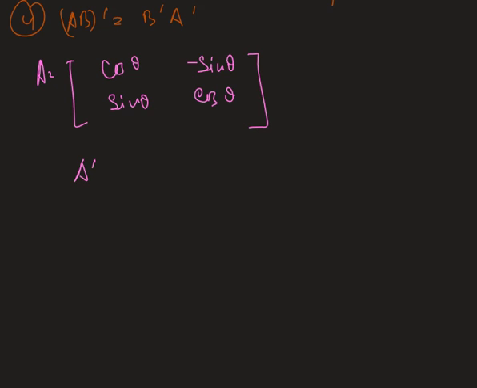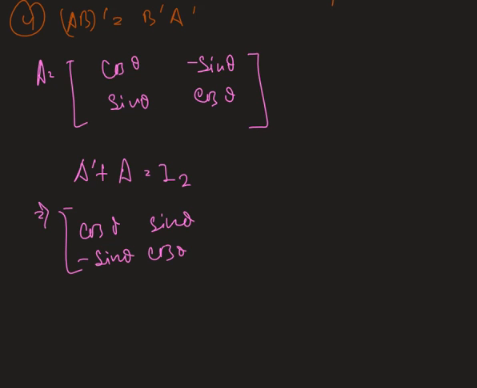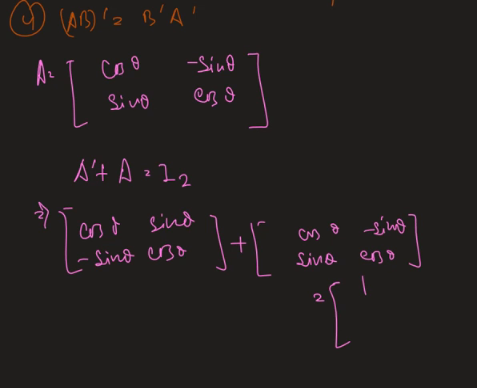And we have been told that A transpose plus A is equal to I2. Therefore, A transpose is cos theta, sin theta, minus sin theta and cos theta, plus cos theta, minus sin theta, sin theta, and cos theta. It is equal to 1 0 0 1.